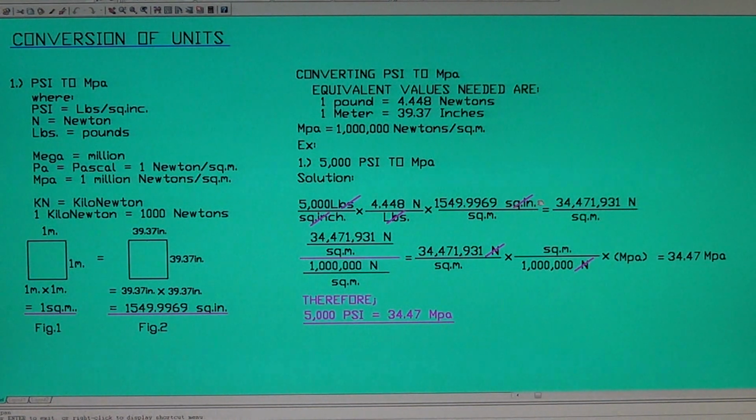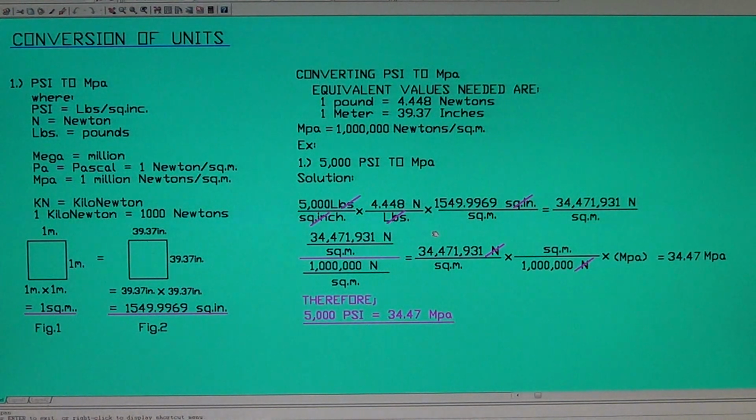Now square inch cancel, pounds here cancel as well, so you have a square meter and these values there in newton. Alright, so 34,471,931 newton per square meter.